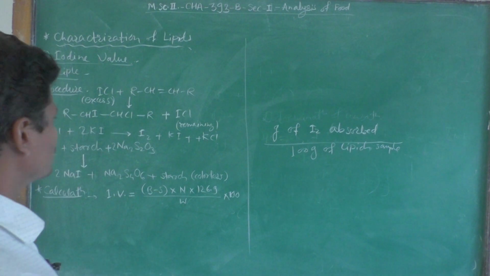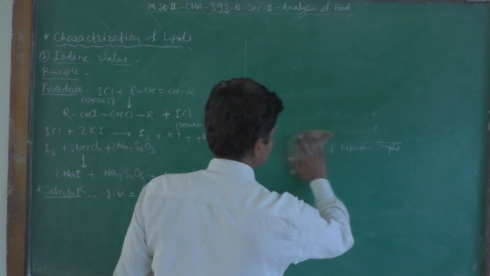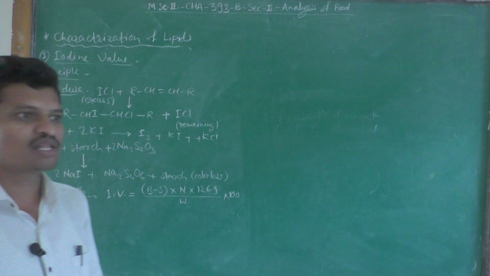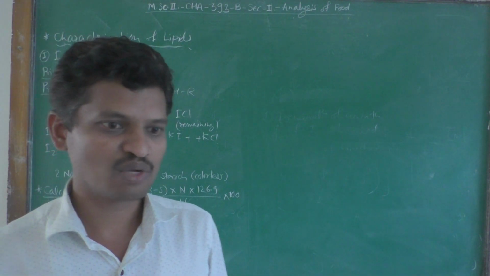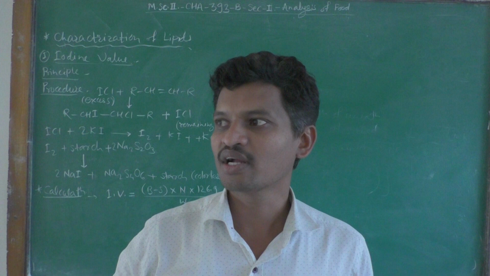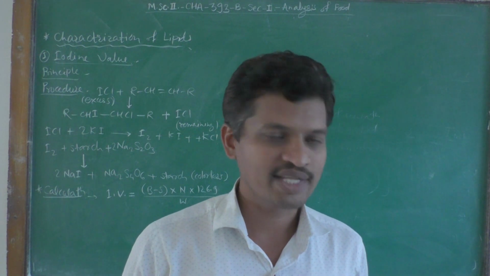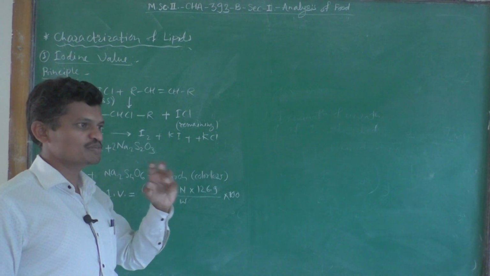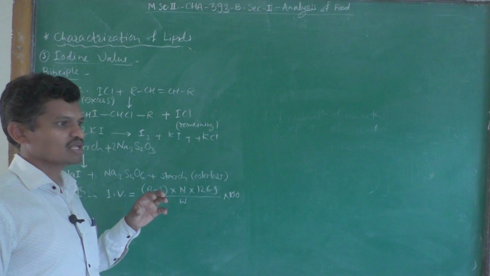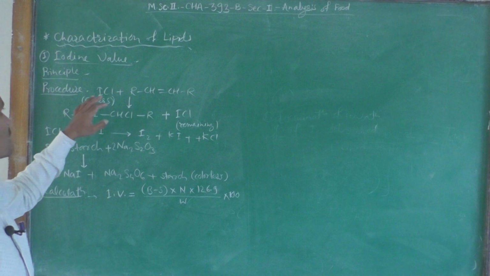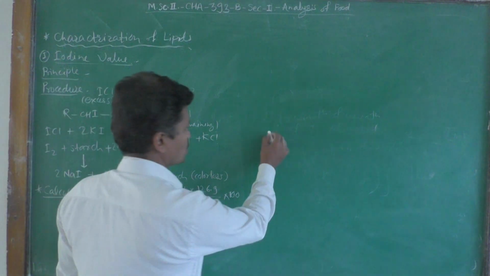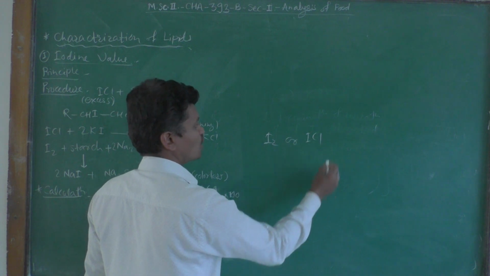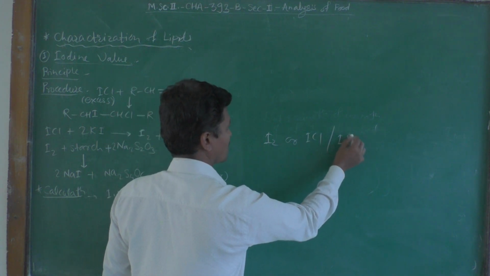Now, what is the procedure for the determination of iodine value? We have a lipid sample that is extracted in a particular solvent, generally ether, petroleum ether, hexane or heptane, and we take a specific amount of that lipid sample. Then use either I2, that is iodine, or ICl, or in some cases IBr.